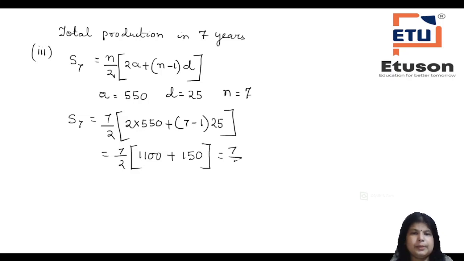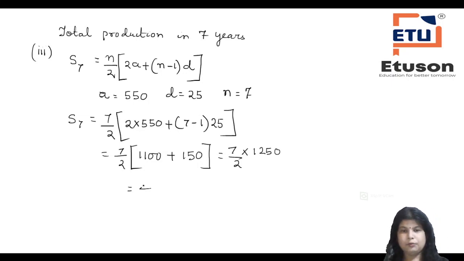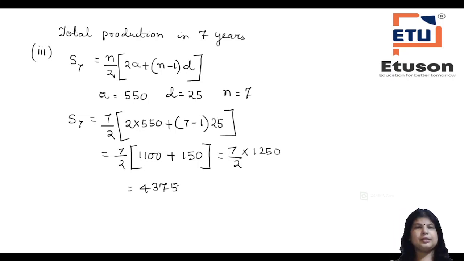So you get 7 by 2 into 1250 and your answer is 4375. Okay, so this is the total production in 7 years. Correct, children? Hope you have understood the concept of how to find the sum of n numbers.